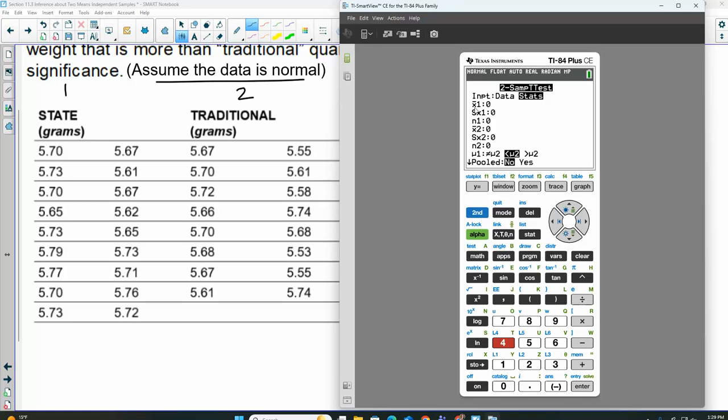It'll say mean of 1, standard deviation of 1, number of set 1, mean of set 2, standard deviation of set 2, number of set 2. Here though, we have data. So it should say list 1 is L1 and list 2 is L2.